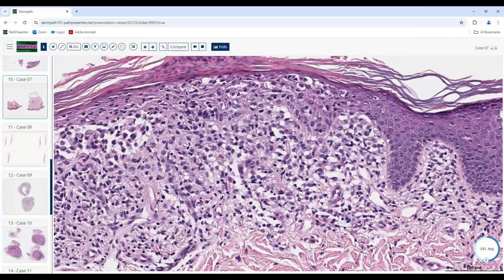Plasma cells? Okay, plasma cells maybe, but these don't have the clock face nucleus. They've got a lot of granular cytoplasm. They don't have that perinuclear immunoglobulin. And look at the morphology of the nuclei in some of these.